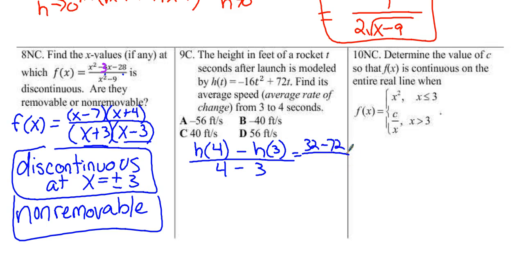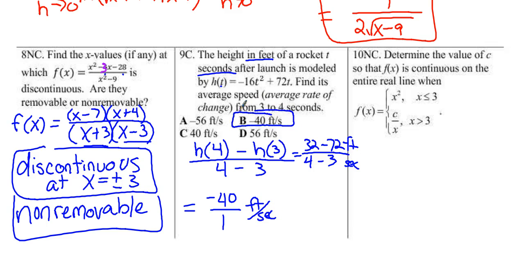So h of 3 is 72, over 4 minus 3, or 1. So 32 minus 72 is negative 40 over 1, and units are important. H was in feet, time was in seconds. Numerator was feet, denominator was seconds, so it's feet per second. And that would be B.